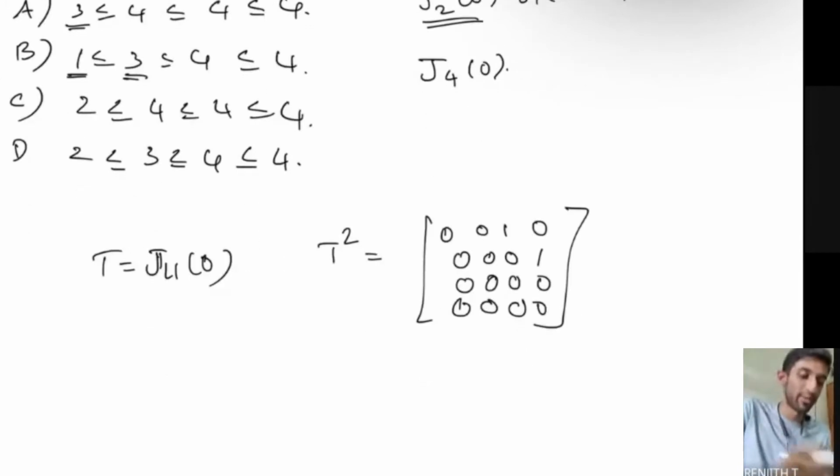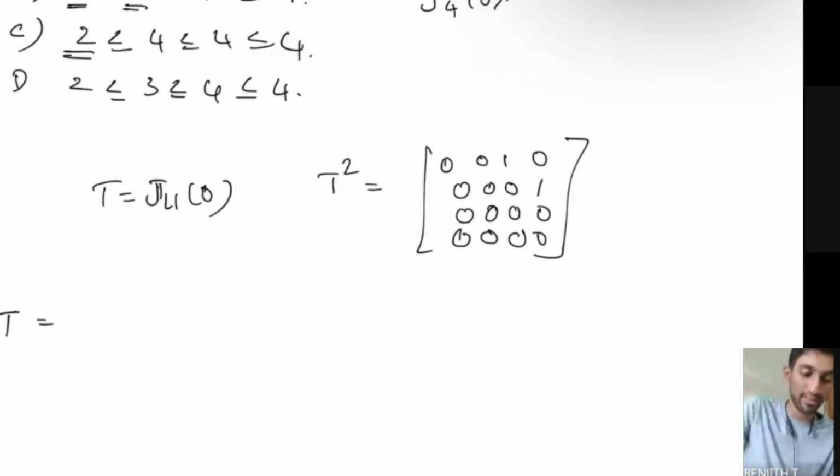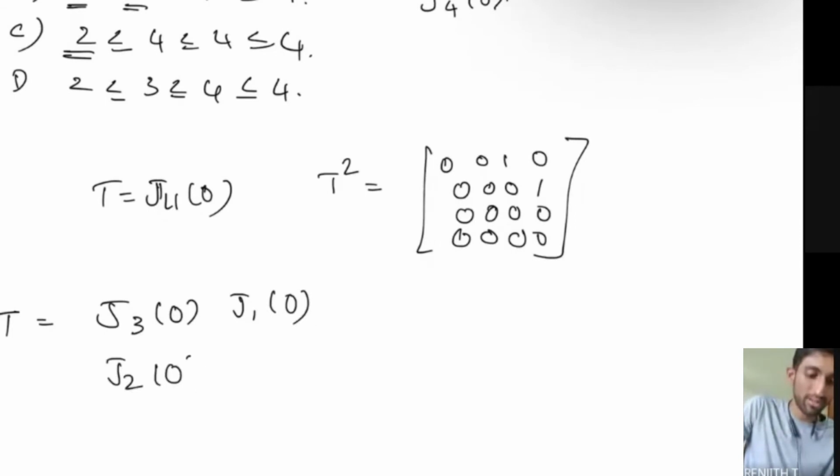Okay, now what about this one, 2 and 4, C and D. Okay, so if nullity is 2, then T has only 2 blocks. The 2 blocks can have 2 forms: J3 of 0 and J1 of 0, or J2 of 0 and J2 of 0.